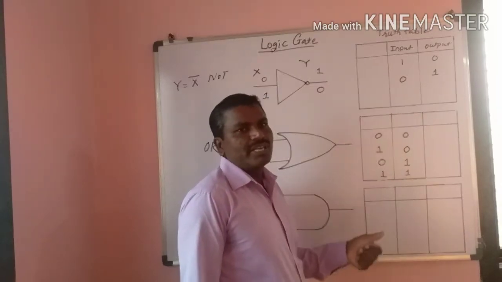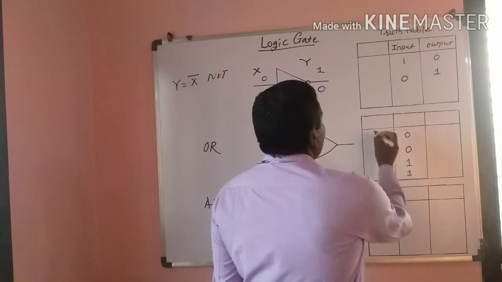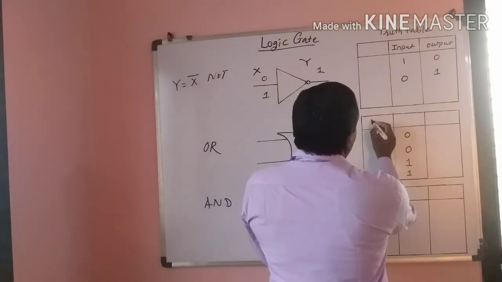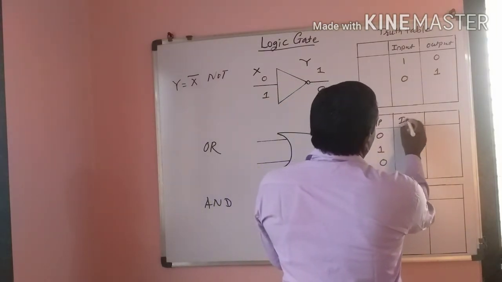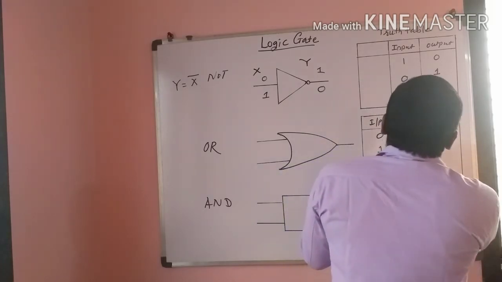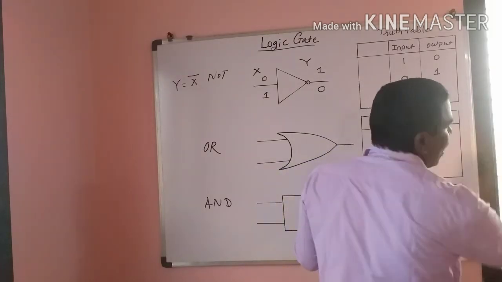These are the 4 conditions. Input is represented by IP, which is the short form for input, and OP is the output.